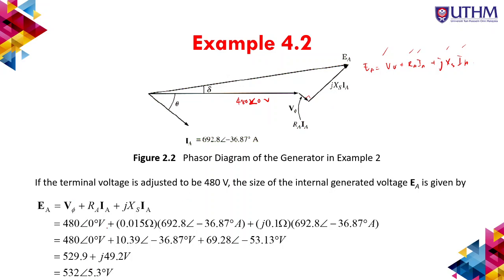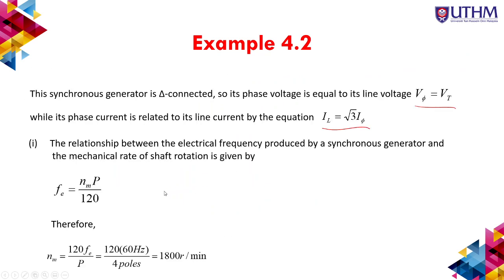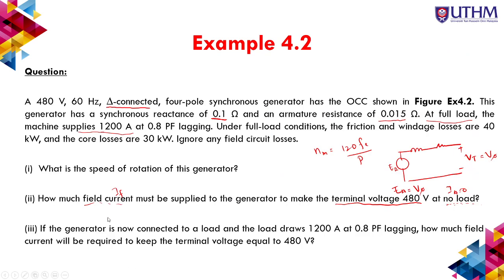Then we put everything here, and we will get the EA. From this EA, the question asks for the field current IF, right?